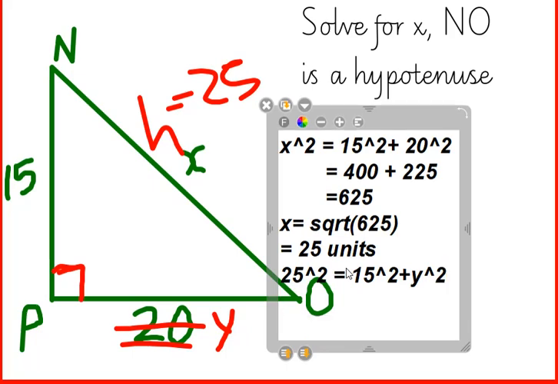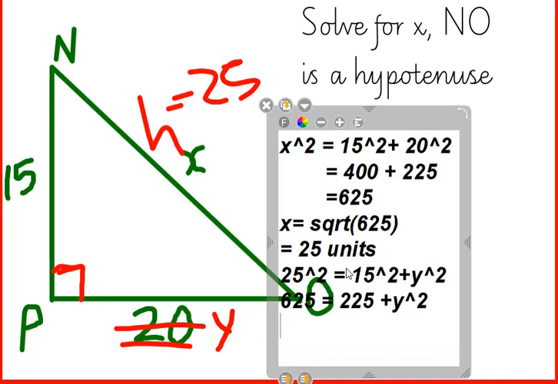And then we're going to solve it. 25 squared is 625, if you use your calculator. 15 squared is 225. And our y squared remains y squared.